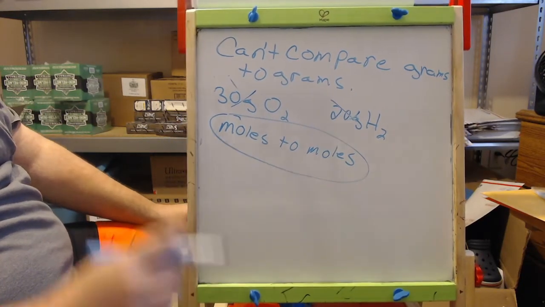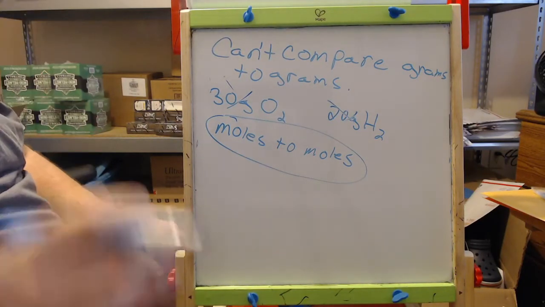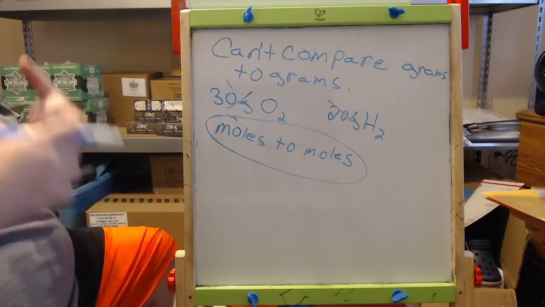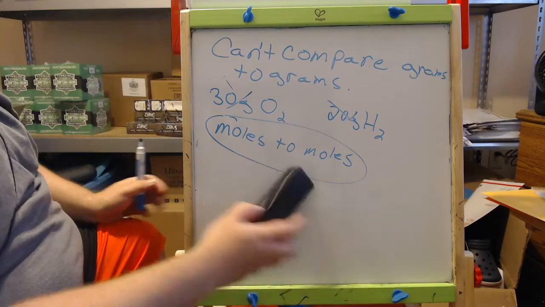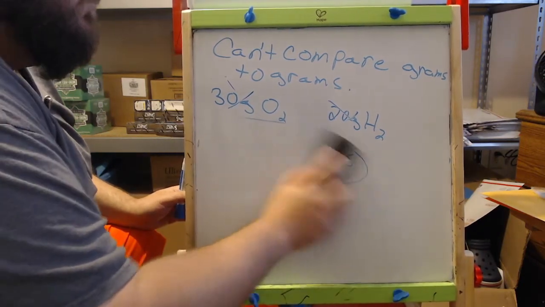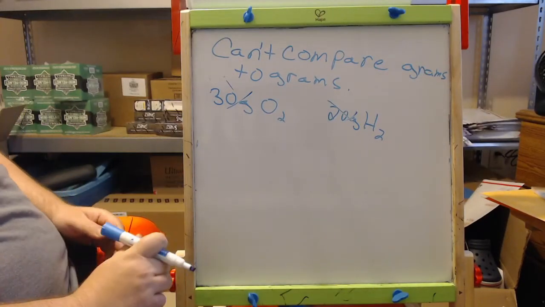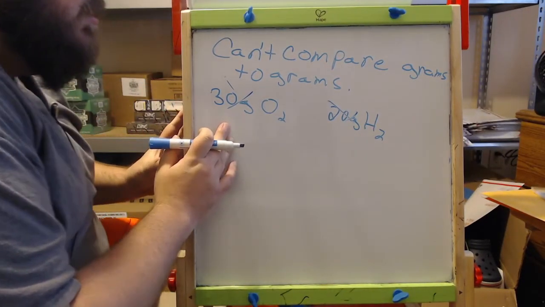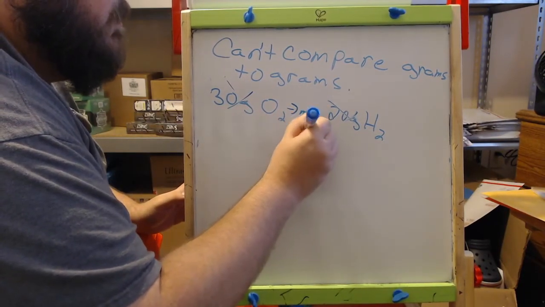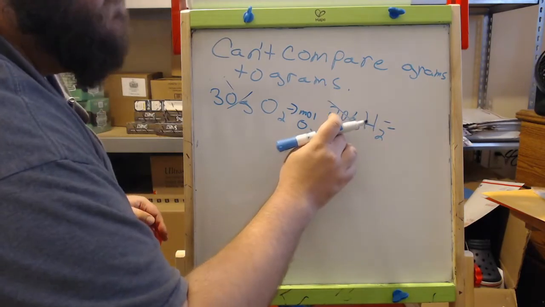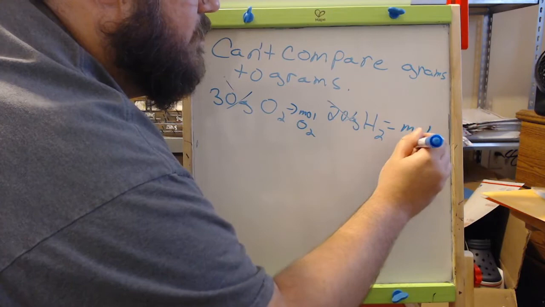Okay? Which means, and here we go, and this is why I took my time with conversion factors, gave you homework, talked about them and everything. If I want to compare 30 grams of oxygen to 20 grams of hydrogen and see which is more, then I've got to convert my grams of oxygen to moles of O2 and my 20 grams of hydrogen to moles of H2.